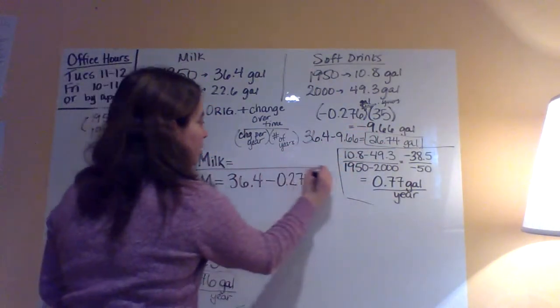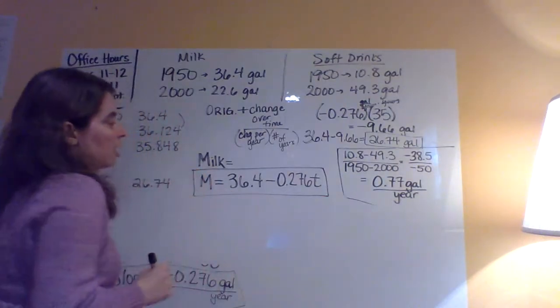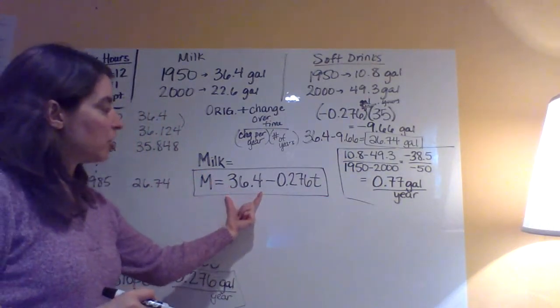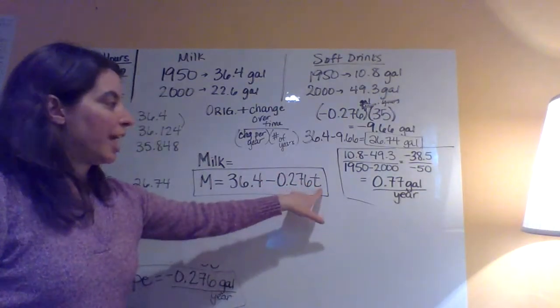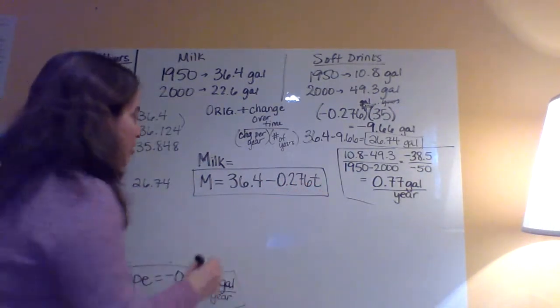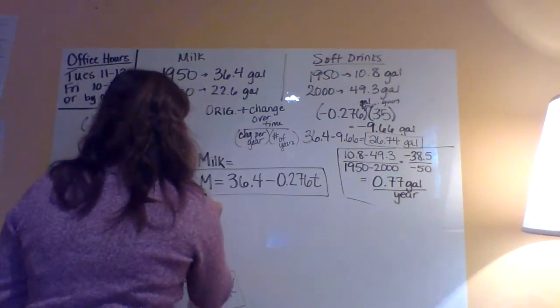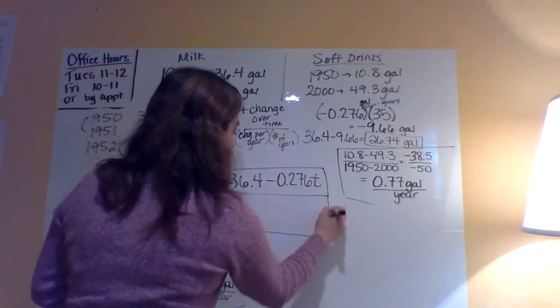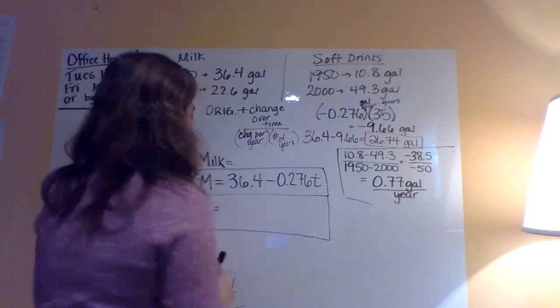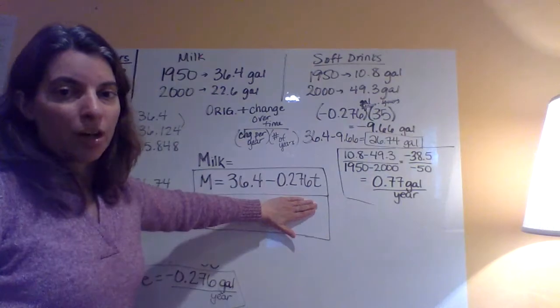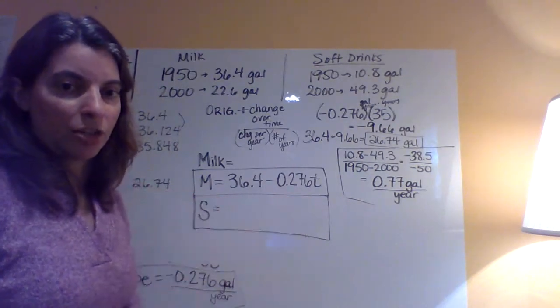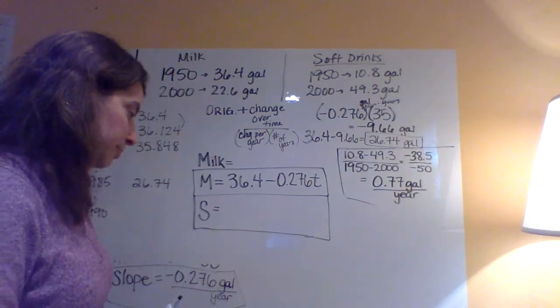So my milk model or equation is going to have us starting out with the original. My slope is negative, so it goes down that much every year. Following this pattern, go ahead and try writing your soda model. Original, and then how it changes per year. That's my slope or my rate of change. So go ahead and write that one.